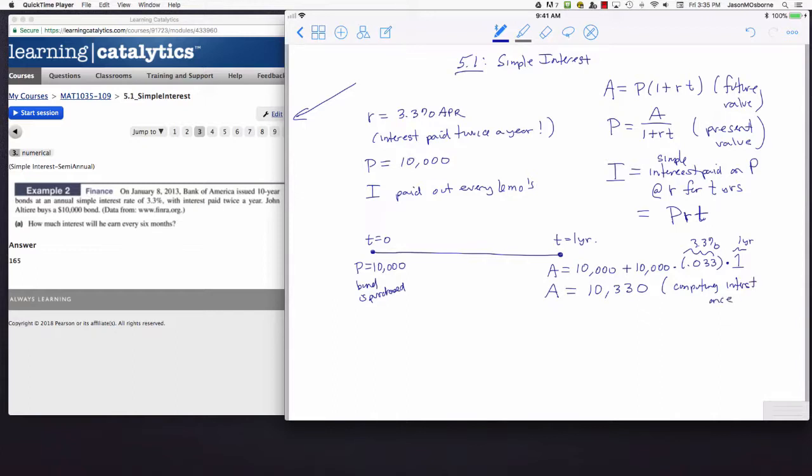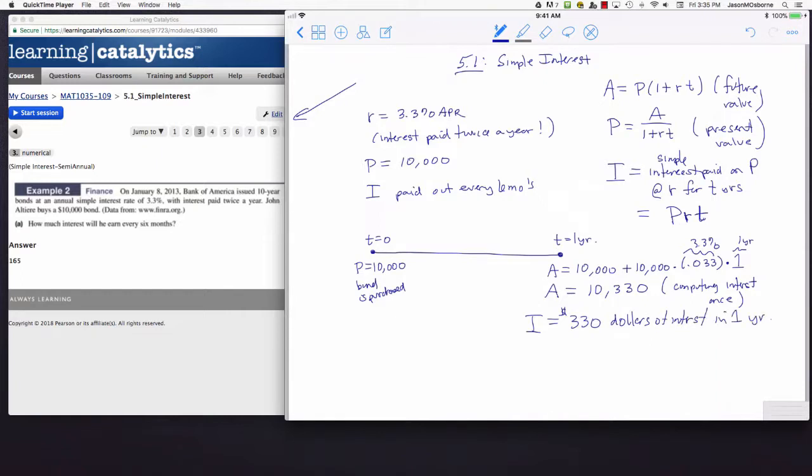That was computing interest once for that year, so you earned $330. So I is equal to $330 of interest earned in 1 year.